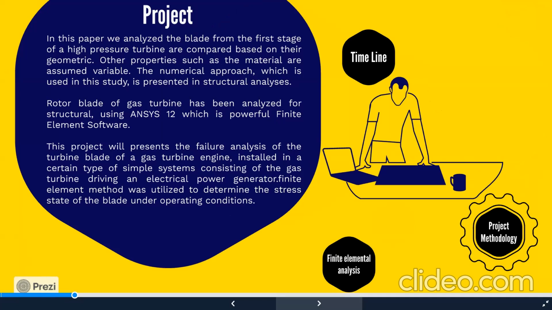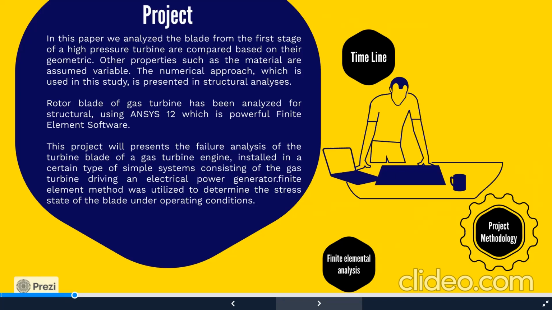The numerical approach which is used in this study is residual structural analysis. Rotor blades of a gas turbine have been analyzed for structure using ANSYS 12, which is powerful finite element software. In this project, we are going to use ANSYS to analyze our materials.